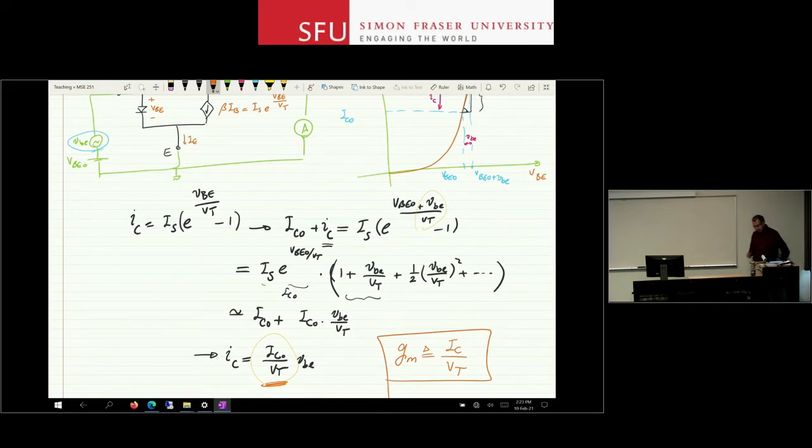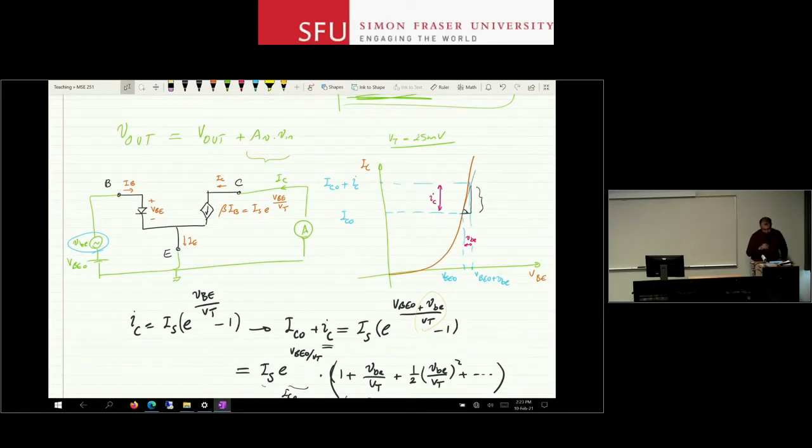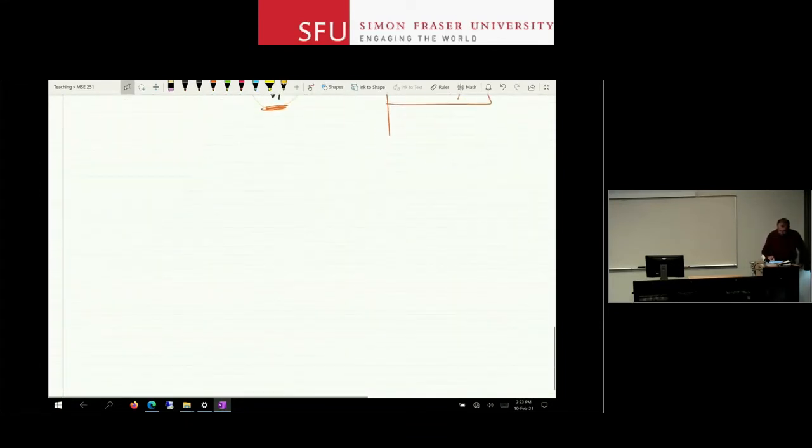Right? So we went through the small signal, we used the Taylor series for a small signal assumption. This term GM is called the transconductance of the device, and it tells you the slope of variations at the output. Now, I can go back to my model here and redraw it a little bit.